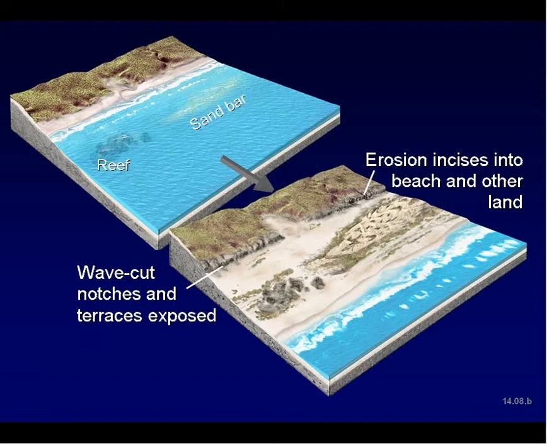Okay, so there's essentially a process of either uplift or, in this case, sea level falling and exposing such features. We've also got a reef here, so reefs which are of course once submerged with live coral communities. We've then got them exposed.